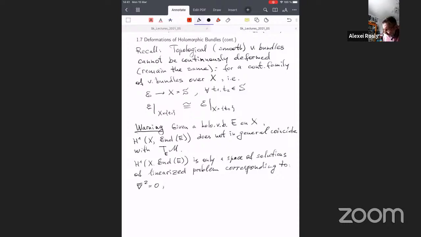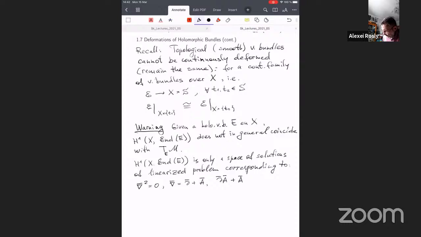If in local trivialization, or in global trivialization if the bundle is topologically trivial, we write the d-bar connection nabla bar as d-bar plus a-bar, then the zero curvature condition is like this.